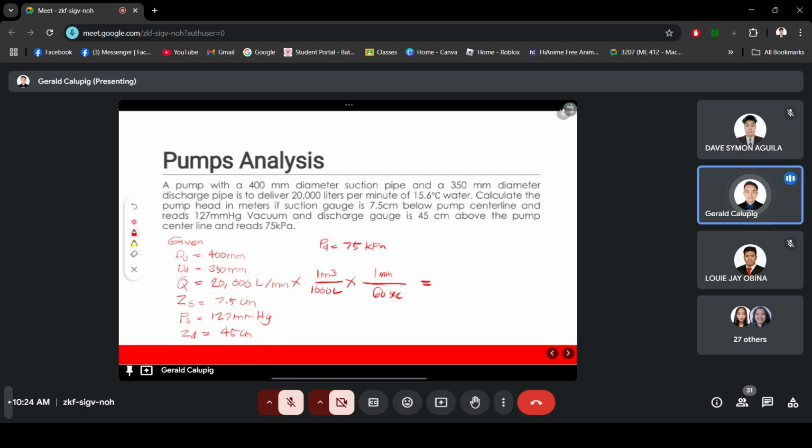We can have 0.3333 meter cube per second.